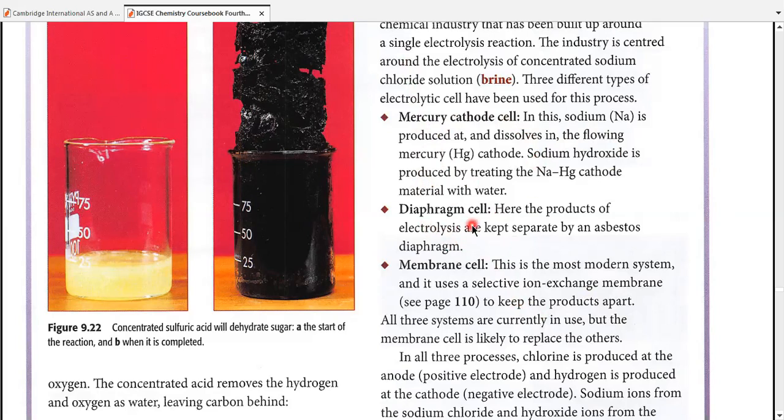Next, diaphragm cell is the name you're going to memorize, and you're also going to memorize that the diaphragm is made out of asbestos. That's about it. In case of membrane cell, you're going to memorize selective ion exchange membrane. That's about it. All right. So these are the three portions.